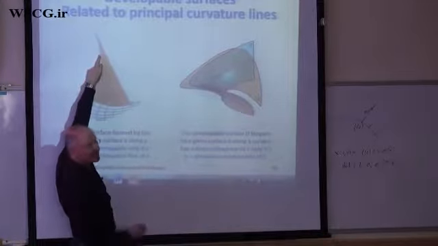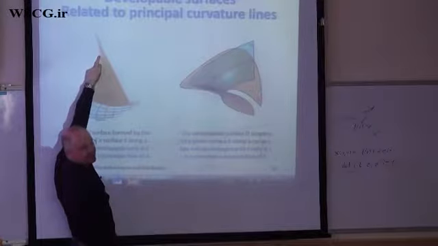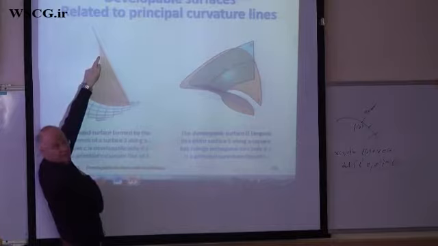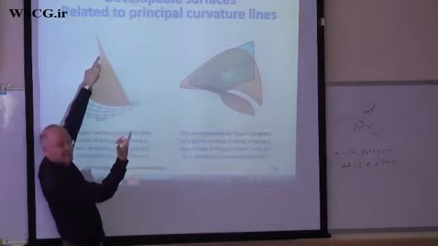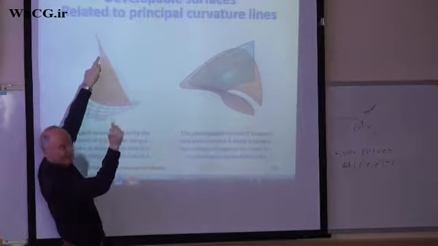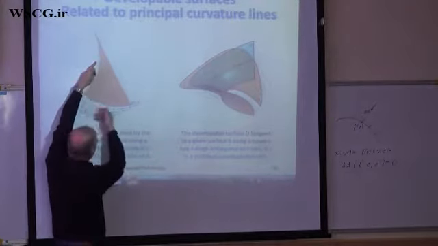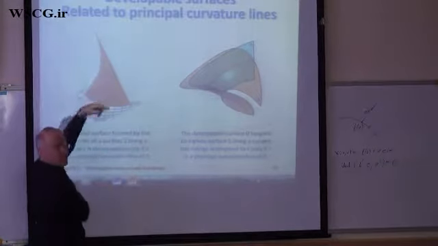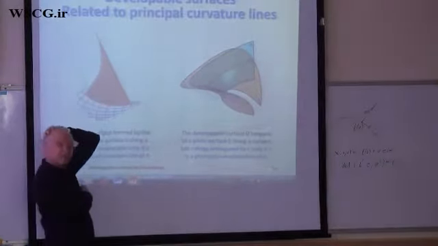This point is a principal curvature center. It is away from this point 1 divided by the principal curvature value. And if we have a saddle shape, the principal curvatures have different signs. So if I go in the other direction, like here, this is negatively curved, then it would be on the other side, 1 divided by kappa 2.